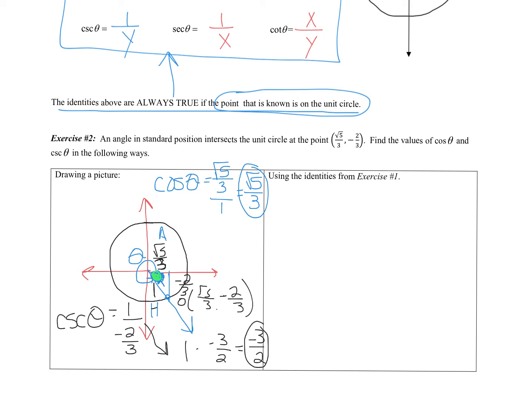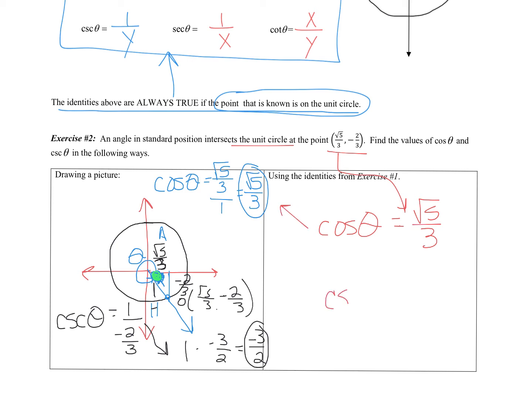Now, we can draw a picture. It's still highly recommended you draw a picture, but using the identities from part 1, we can actually do this straight from the point. So the first thing that was asked for was the cosine of theta. We know that on the unit circle, the cosine of theta is just the x. And if we look at our answer we found drawing a picture, that is true.